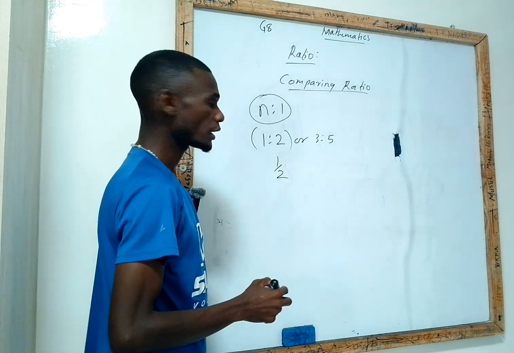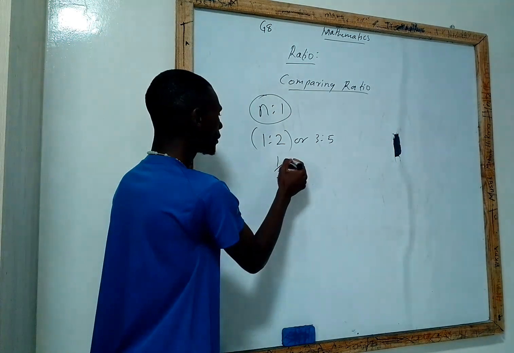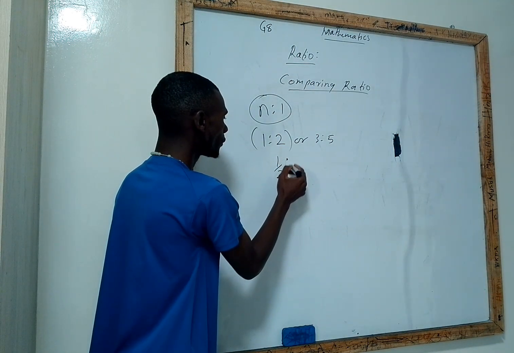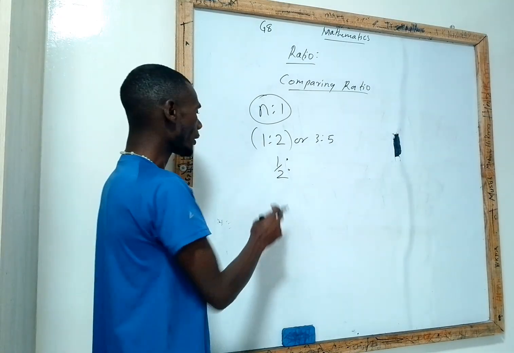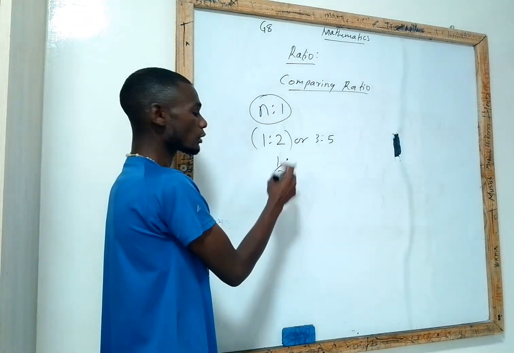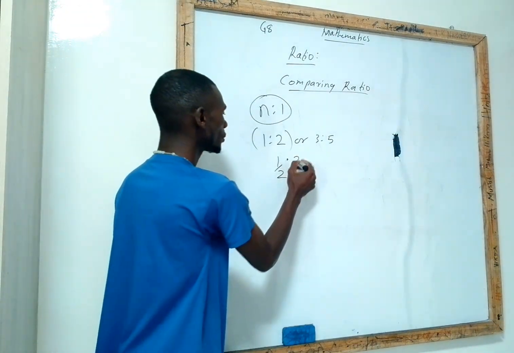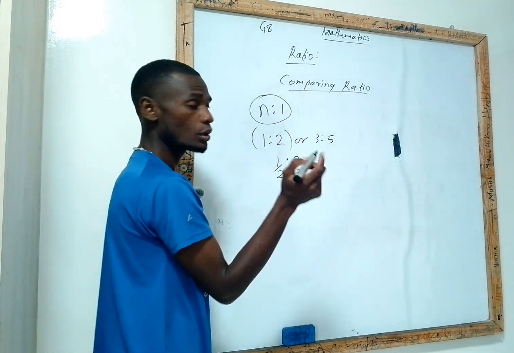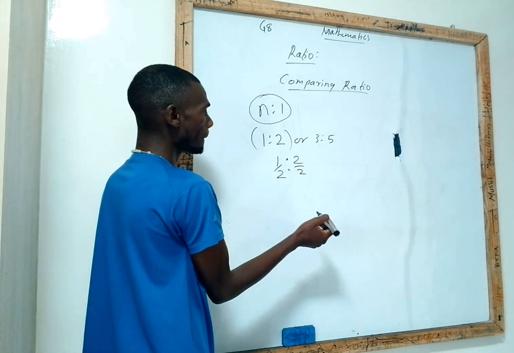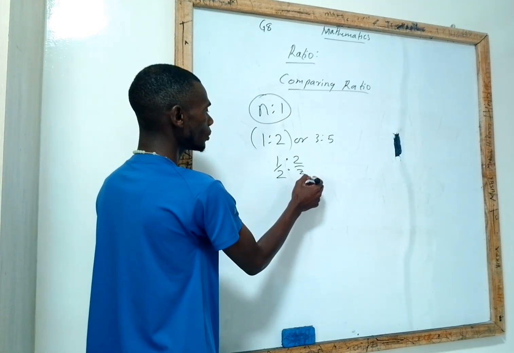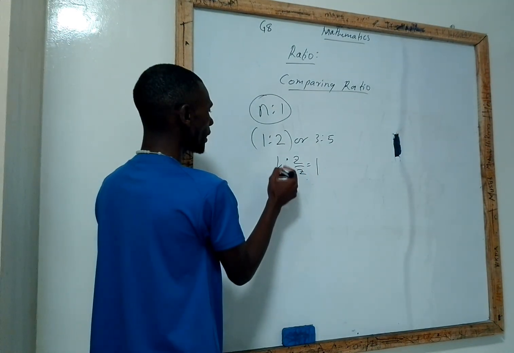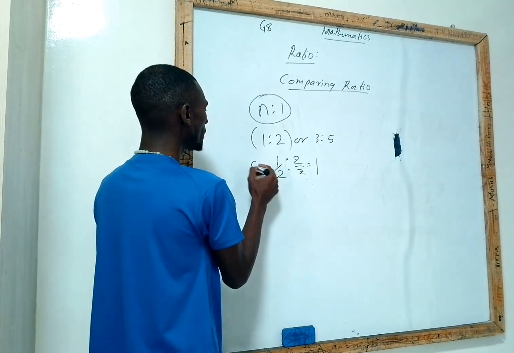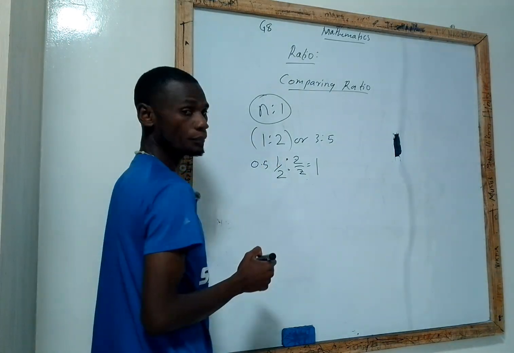Then you want to make it to ratio 1, and for you to get one whole number here, you will need to use this denominator, 2 over 2, because 2 over 2 gives you 1 whole. If you divide both sides by this 2, you will get 1 this side. If you divide this side also by 2, you will get 0.5.